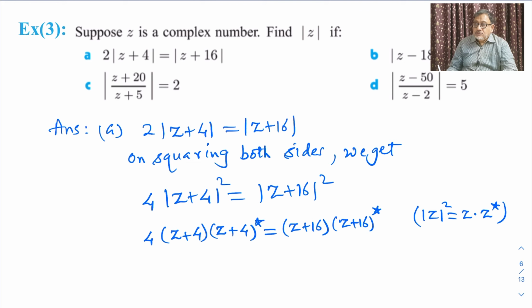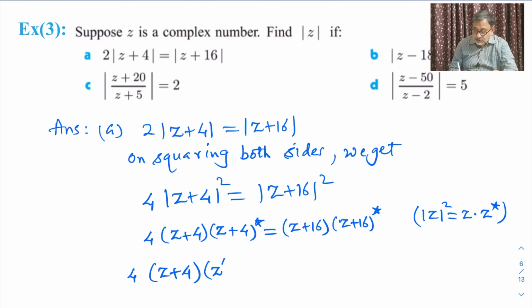So now I will multiply and open it. So 4 z into z will be z square. Or z into, I will have to write 4 plus z, z plus 4. I am simplifying this. First I have to simplify the conjugate.